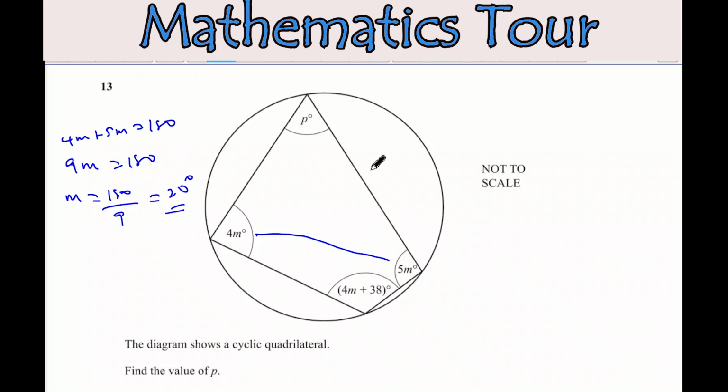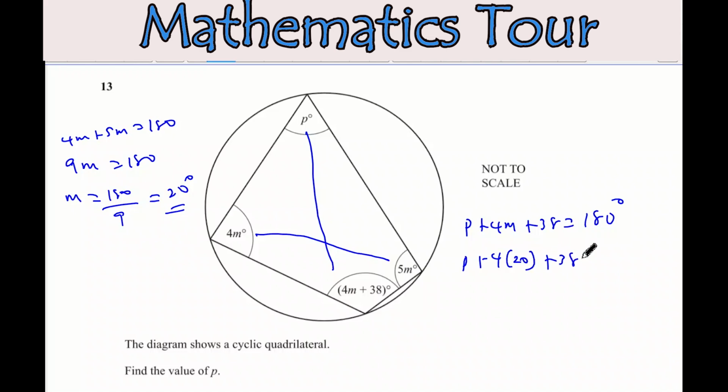So similarly, these two angles, this and this, so that will be p add 4m plus 38 equals to 180 degrees. So p plus 4 into m is 20, so let's substitute that, plus 38 equals to 180 degrees. So if you expand this bracket, 4 times 20, that will be 80 plus 38 equals to 180 degrees.